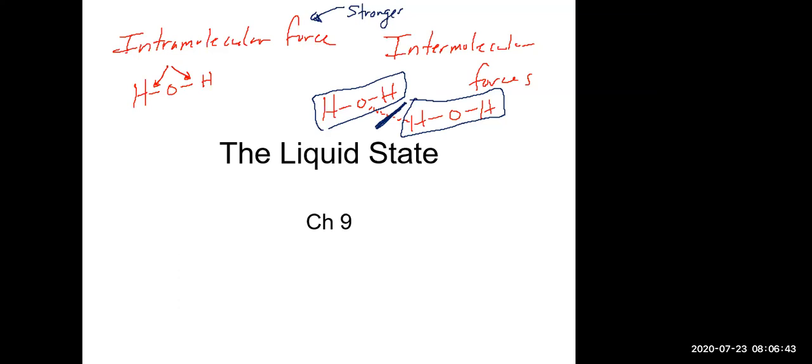Because if it was the opposite, and you started heating liquid water up, and the intramolecular force was actually weaker, what would happen is the bond between the oxygen and the hydrogens in every single water molecule would start to break. And if that happened, you would make a lot of hydrogen gas and oxygen gas, which probably wouldn't allow you to get to your pasta at that point, and that would not be so good.